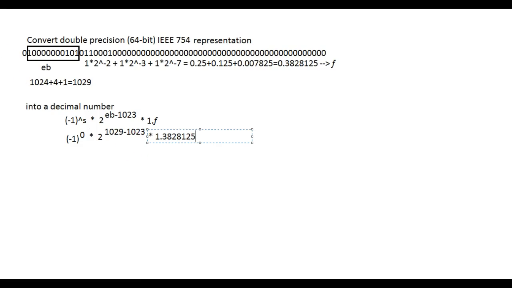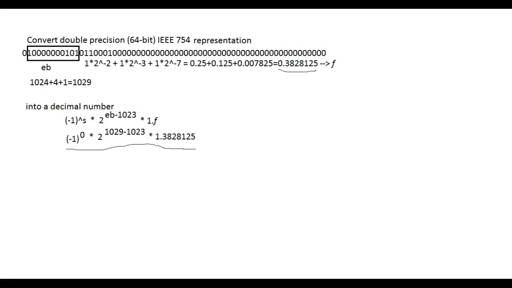So again, I'm using this number here. Now all we need to do is multiply these three things together, and we'll have our decimal number.